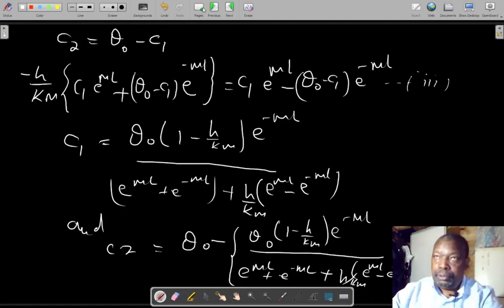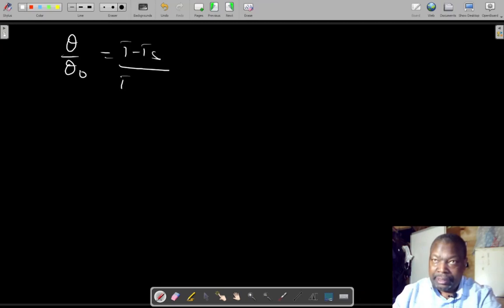And from those two equations, that is for C1 and C2, we can get theta over theta naught, which is equal to T minus Ts divided by T naught minus Ts.